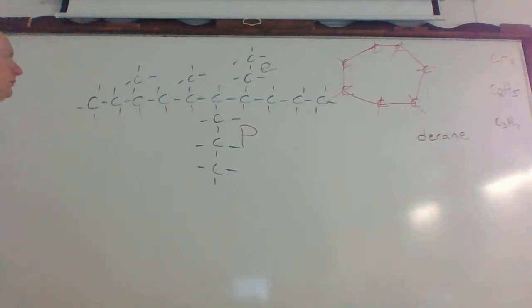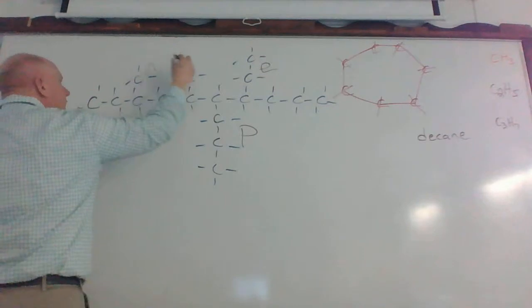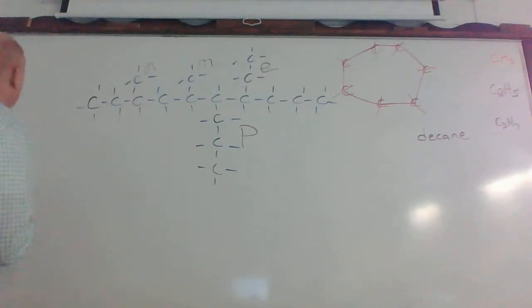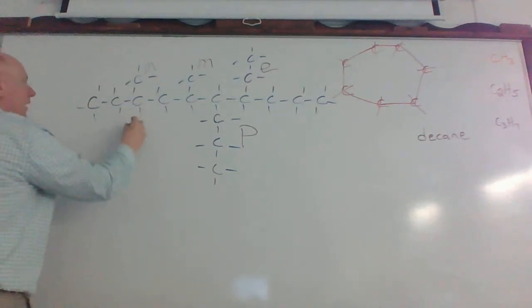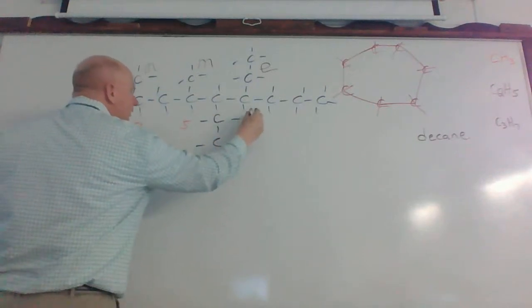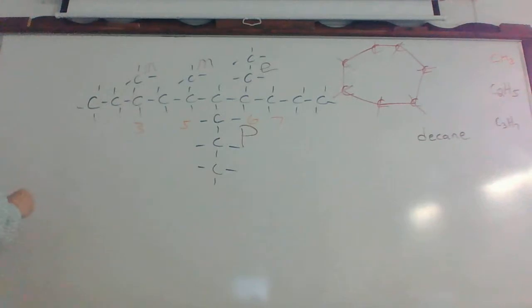You have methyl on 3 and 5. So we need to have 4 numbers. So now, going left to right, we'll use orange again. So we got 3, 5, 6, and 7.